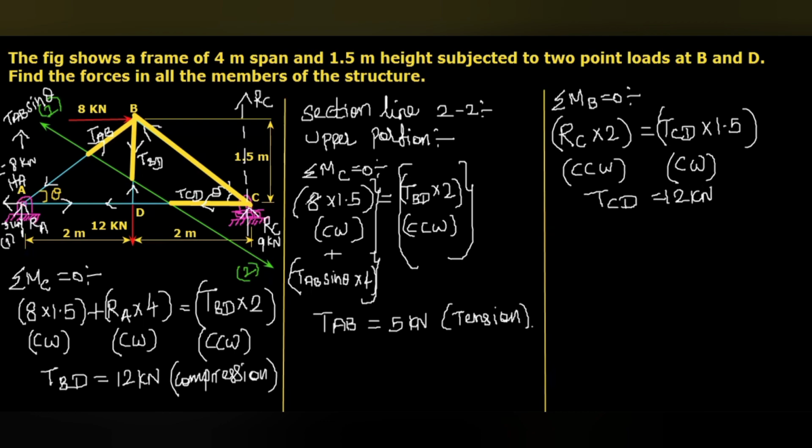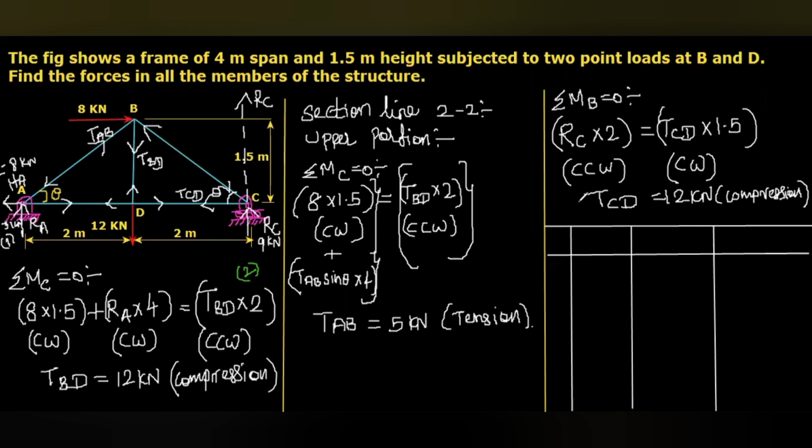So here, this TCD, from the point C, it is acting outward. So from point D also outward. So this will be compressive in nature. That is compression. Now all the required values we calculated.